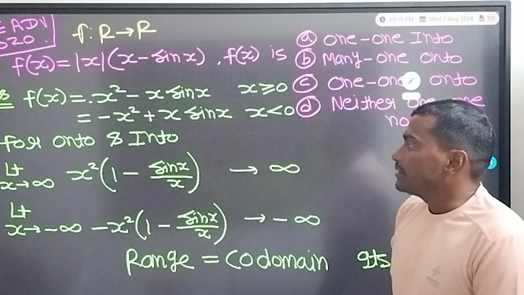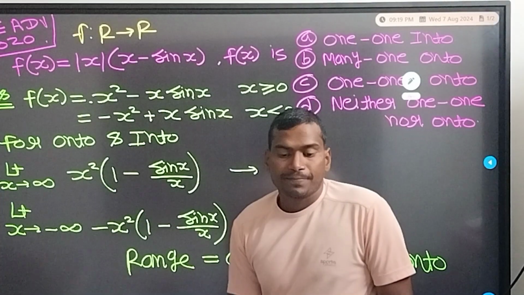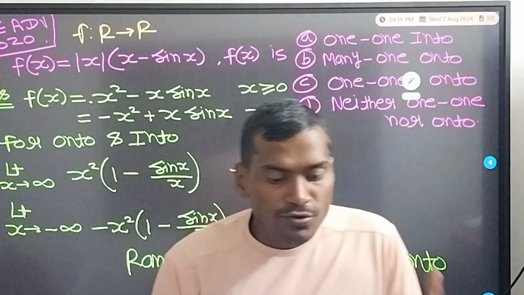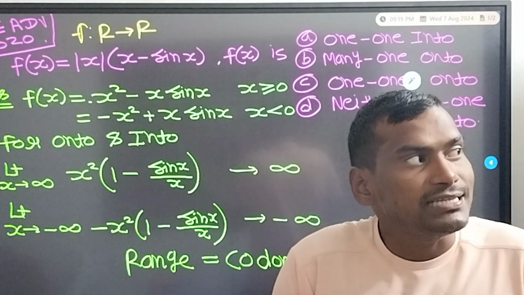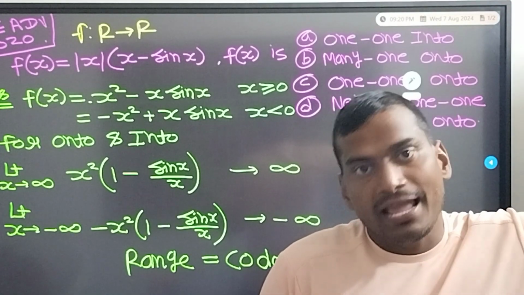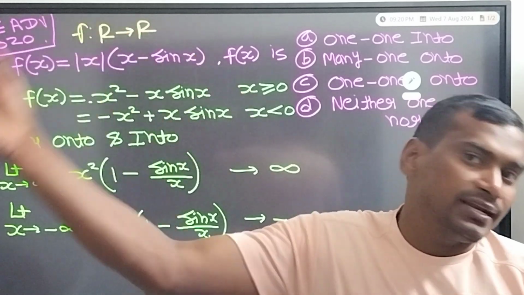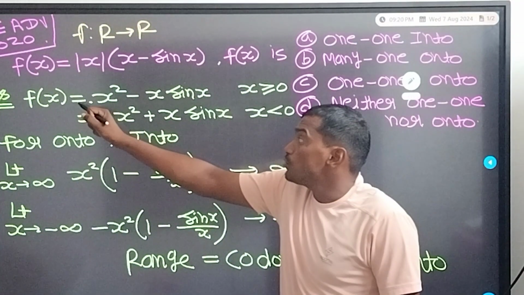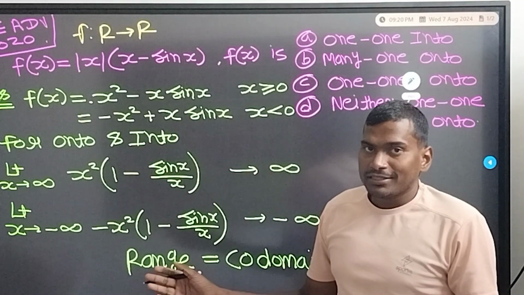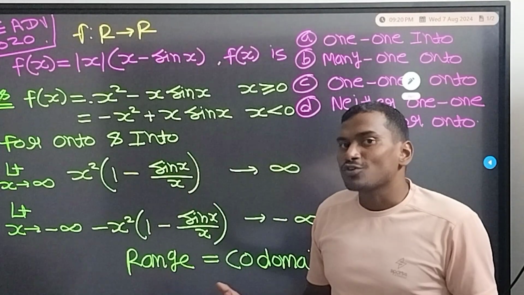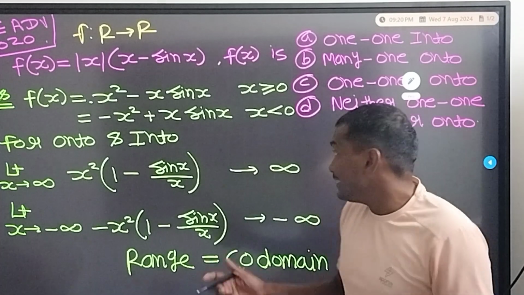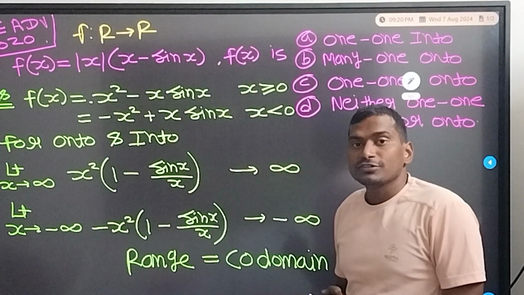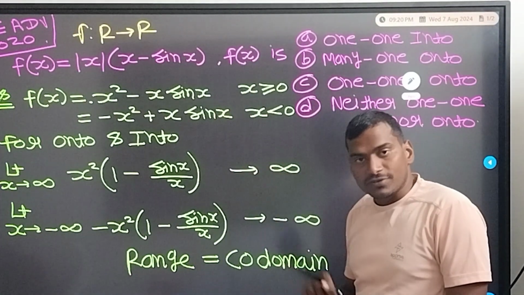So see, first of all, we are finding what is the value of the function when x is tending to infinity and when x is tending to minus infinity. Because we can see this function is throughout continuous. There is no point of discontinuity or any breaking point in the domain of the function. So this is all continuous function.